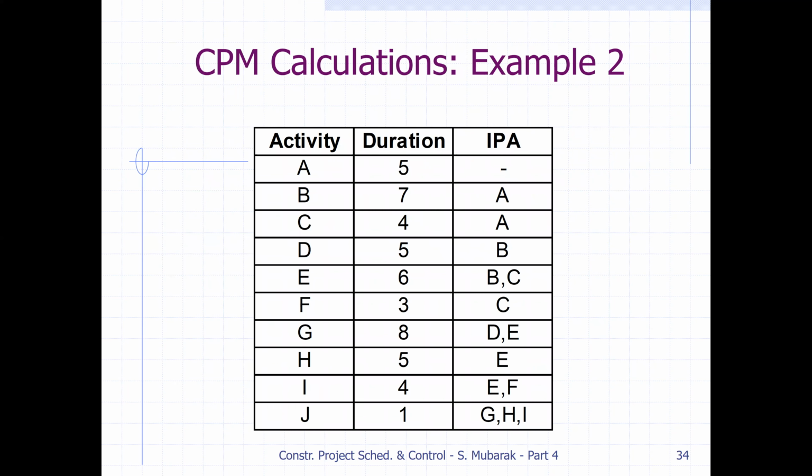So let's see the second example. We have the activities, the durations, and the IPA, the immediately preceding activities list. Activity A, duration is 5, so IP is nothing.